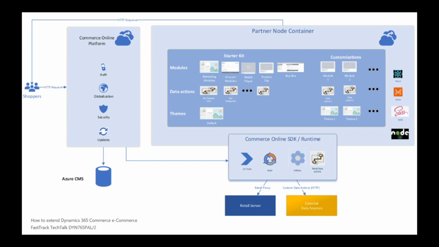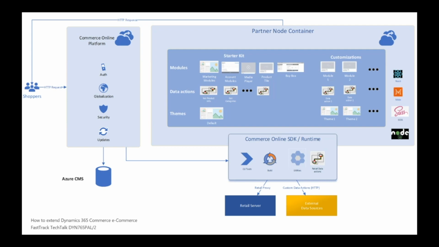In essence, it then goes to the CMS system and loads a series of JSON files and stitches them together. Once that JSON is ready, it gets sent over to our partner node container. This is where our Commerce Online SDK and runtime kick in. It'll examine the JSON file and figure out all the modules that make up the page.